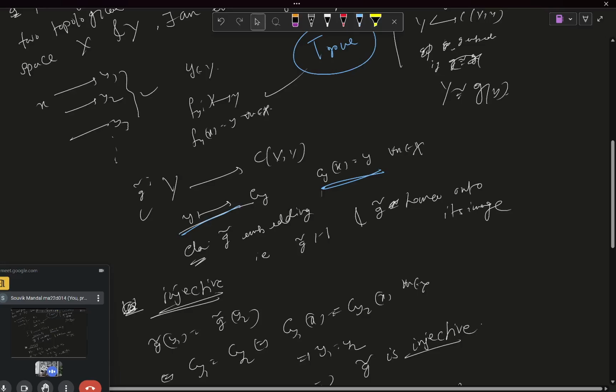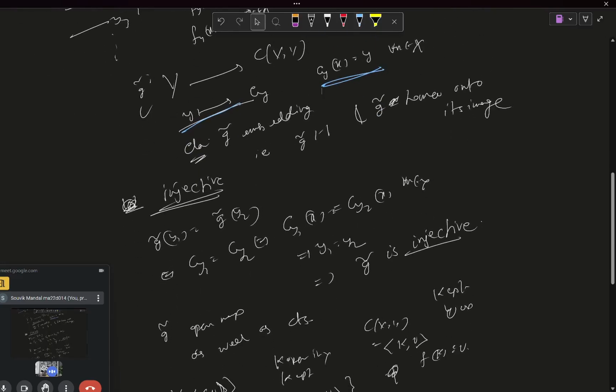Now the claim is g tilde is an embedding. So for this, first we need to show that g tilde is one-one. Then we need to show g tilde is a homeomorphism onto its image, meaning continuous and open. This is what we need to show, correct? So first, let's go to the injectivity part.